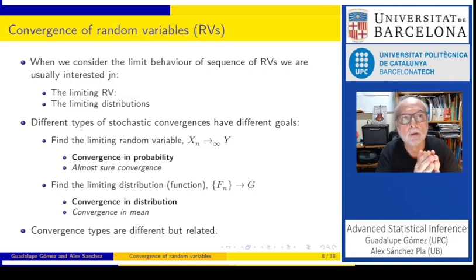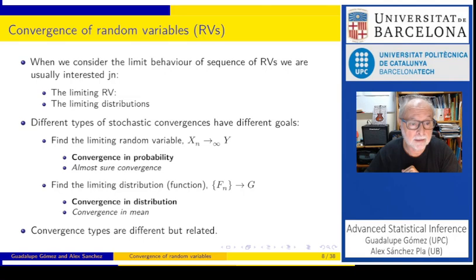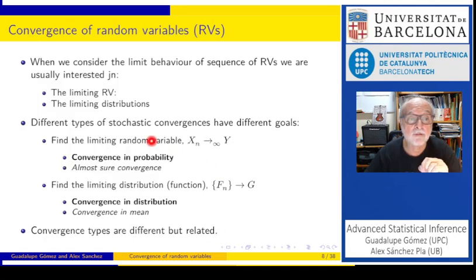We may want to consider a sequence of random variables, let's say x1, x2, xn, that tends to a limit random variable, or we want to consider the probability distribution, which would be the distribution of all omegas for every n, and then in that case that distribution tends to a limiting distribution.